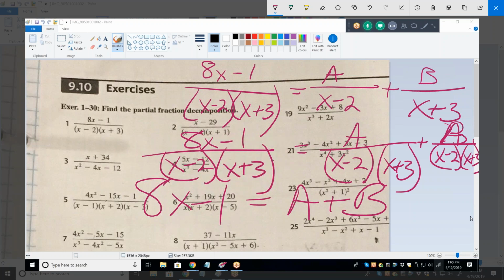Wait, would it be A times x plus 3, or would it just be A? No, you're right, absolutely right. Thank you. So, let me restart this.